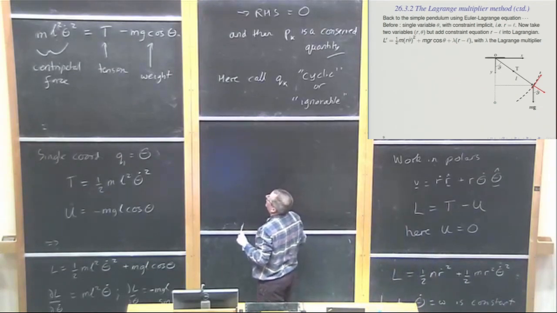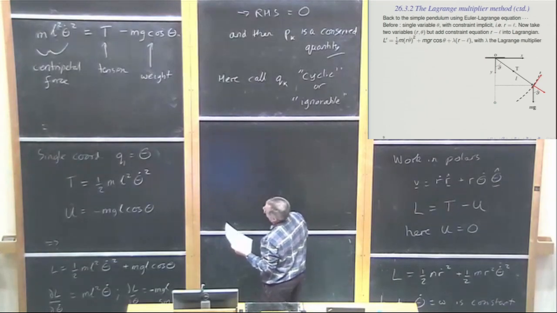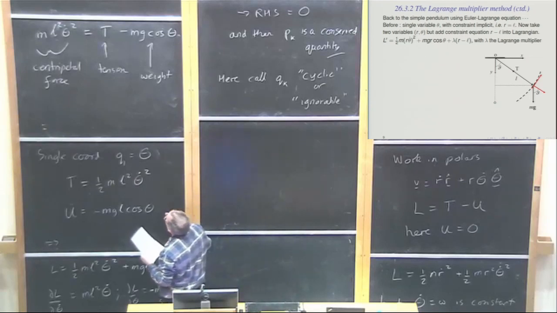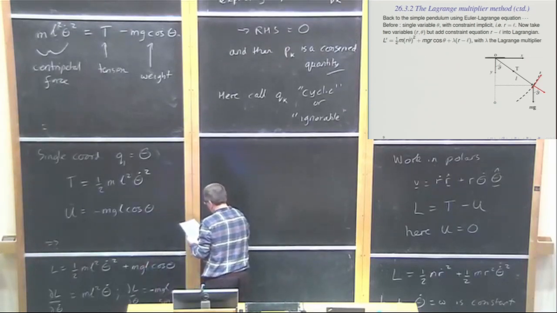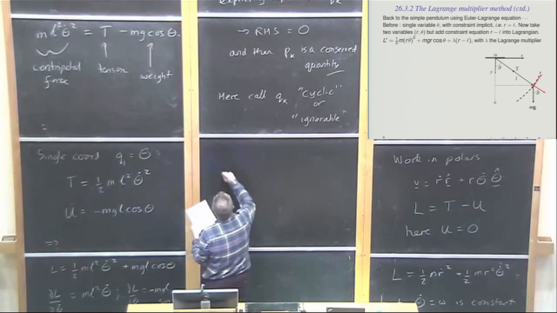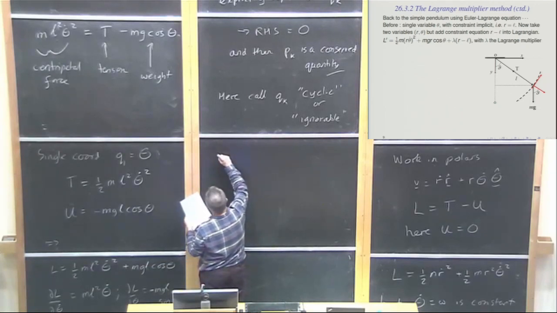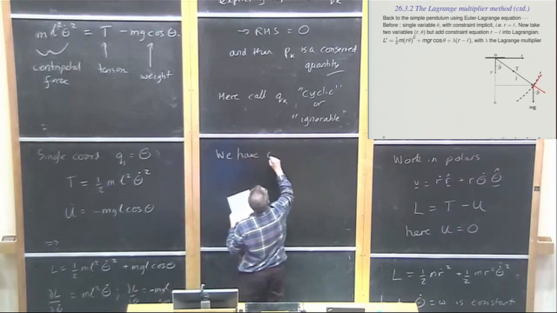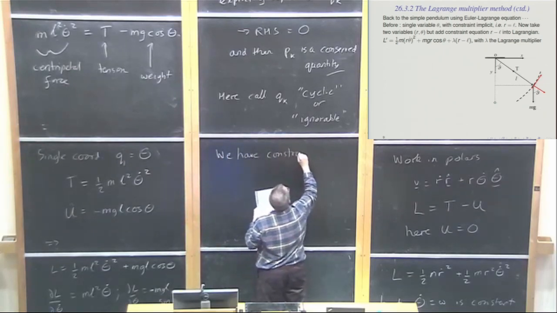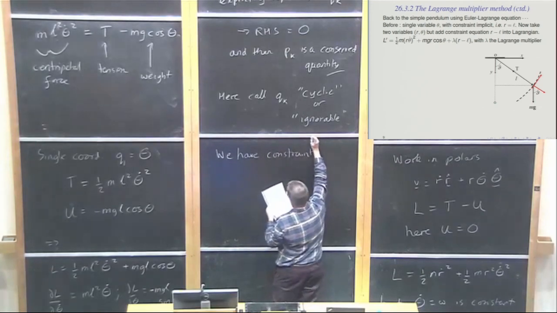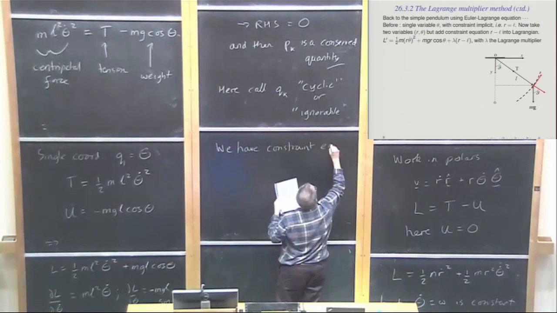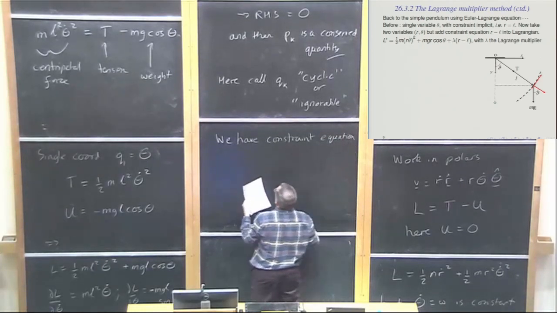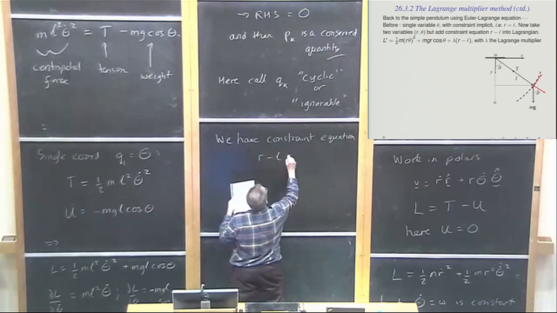So again, we're with this pendulum, and we now have this constraint equation, which is that R minus L equals 0.